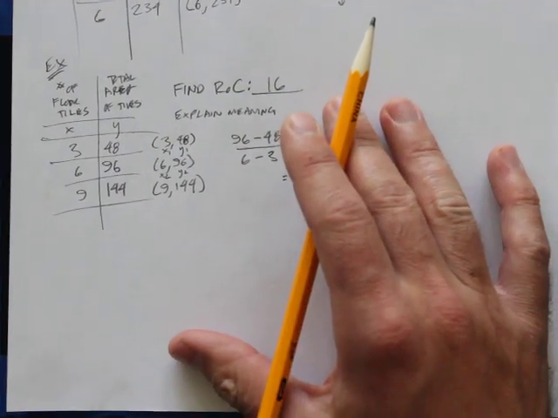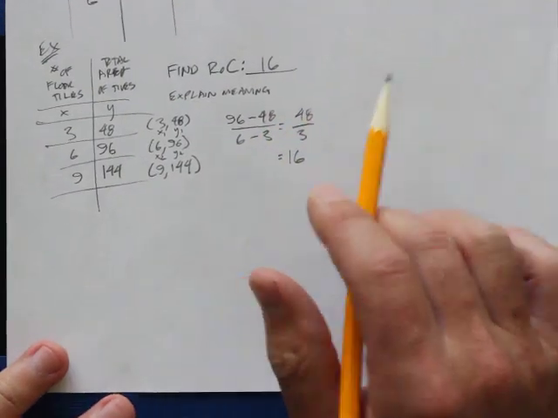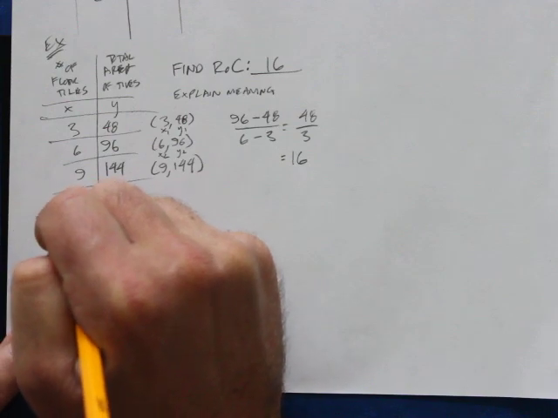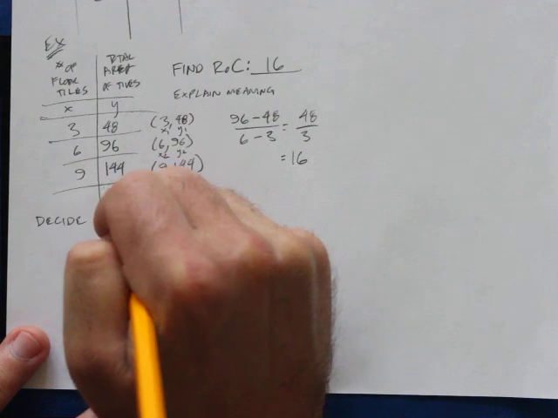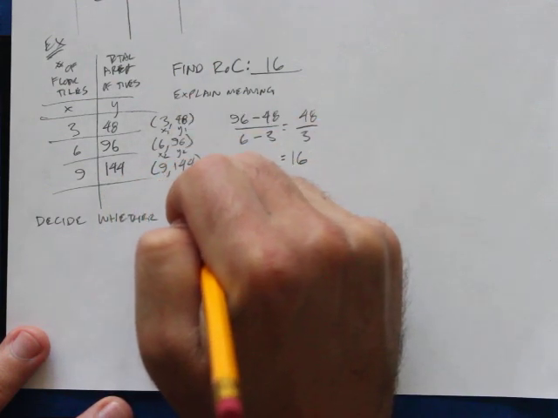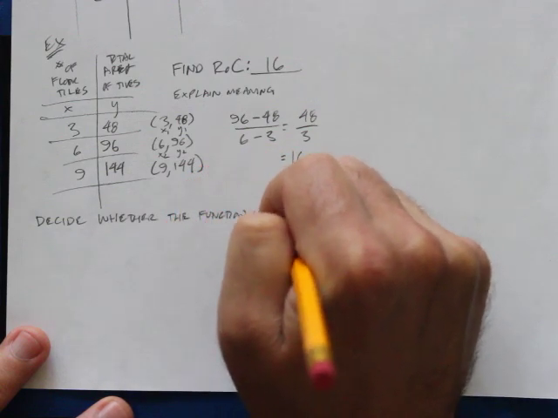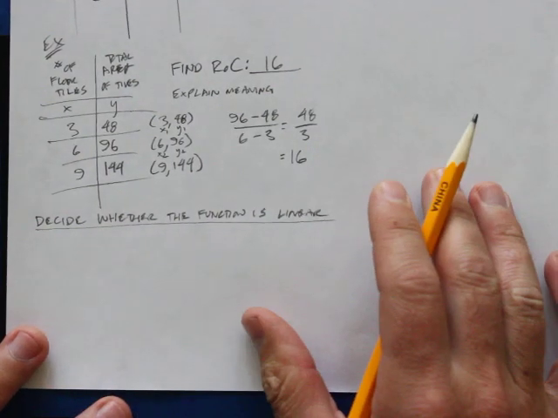Let's do the next section here. The next section is decide whether the function is linear. Okay.